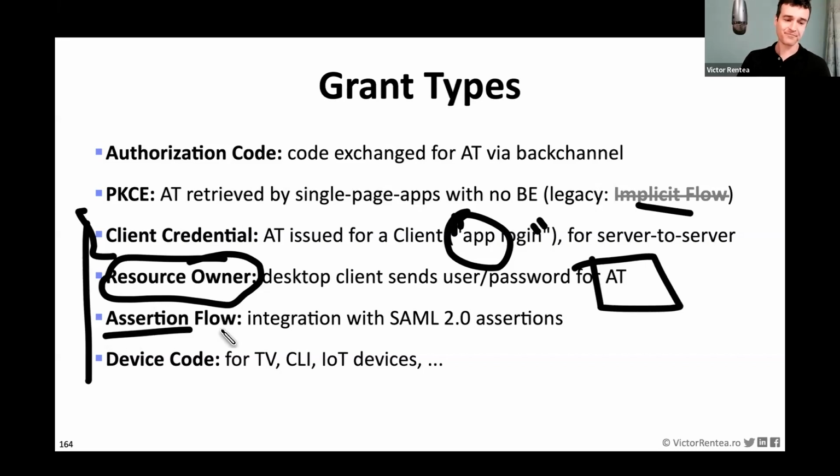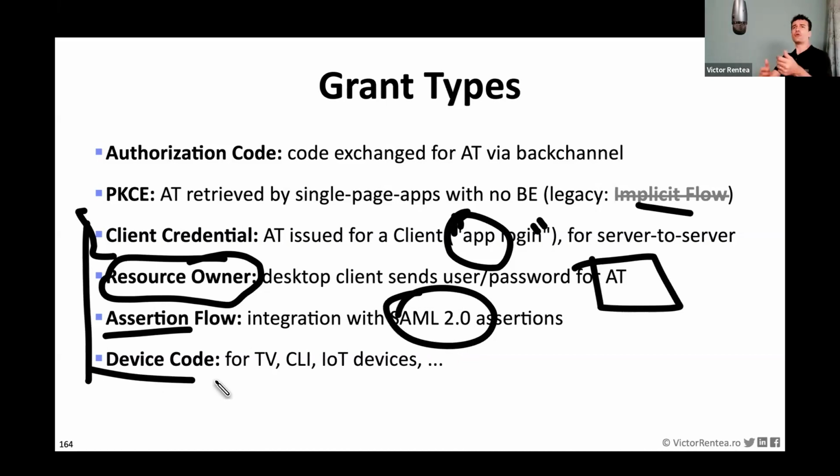It's an embedded system. Then there is the assertion flow, to integrate with SAML or more legacy, and device code, in which you log in with your Google account on the TV. How is that possible? The TV will show you a code, or maybe the code you see on the web. Basically, the idea is that you will not enter your user password on the TV. I would never enter my Google username and password on a TV, for Christ's sake.